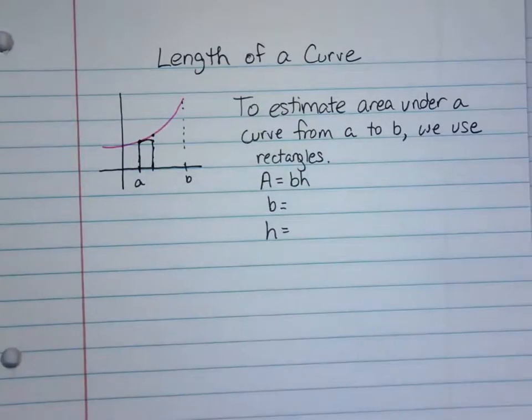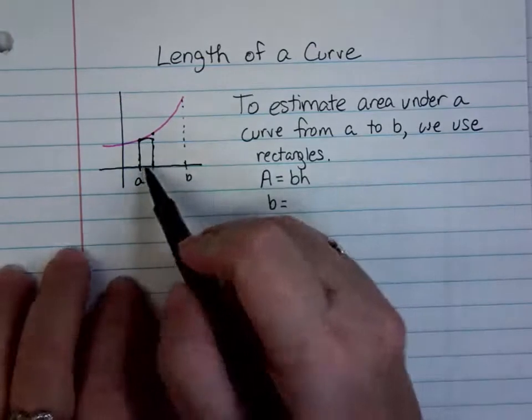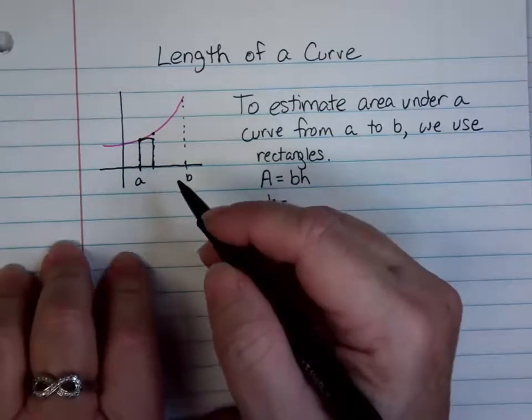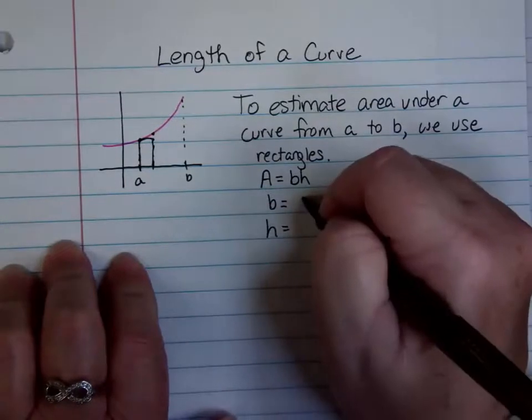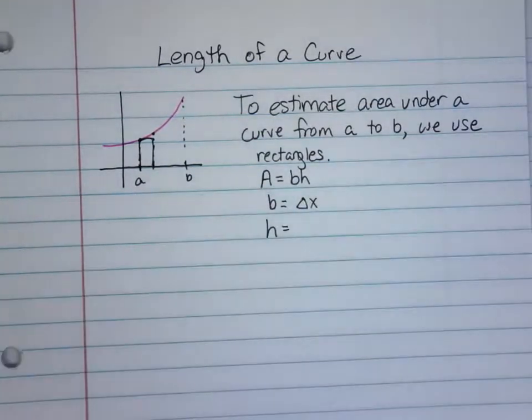Now the base is not that B over there, it's a different B. Does anybody know what B is? The distance from A to the end of the rectangle, which we called a change in what? X. It is a change in X. We're going to call it delta X.